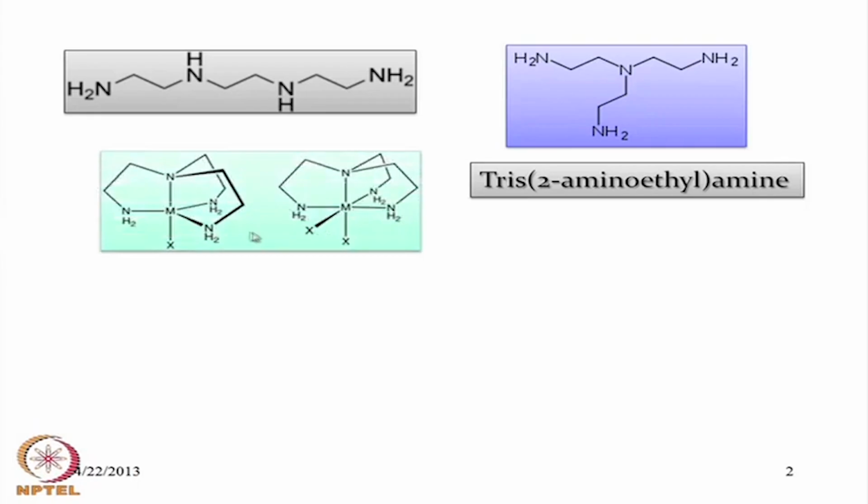So, if we just simply use this particular tren ligand, the tris-2-aminoethylamine ligand, and when it is binding to any metal center, this is the central nitrogen, this nitrogen is bound over here. So, this is one aminoethyl backbone, this is the second aminoethyl backbone, and other one is the third one.